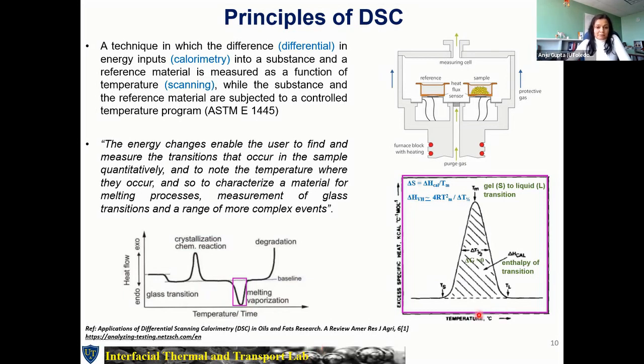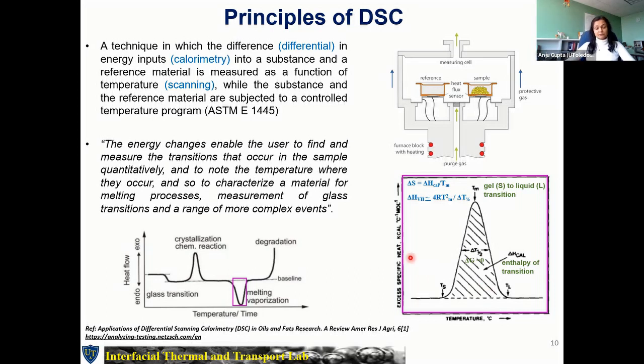This is a melting peak, which we also see in DSC analysis of lipids. So your S and L correspond to solid and liquid temperatures. This is the melting temperature. The area under the curve is the enthalpy of transition from solid to liquid phase.